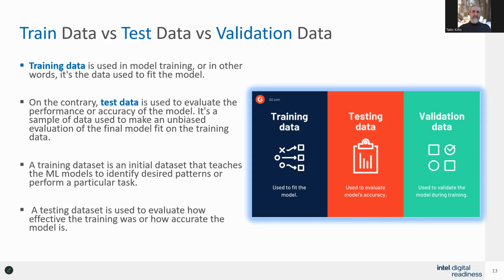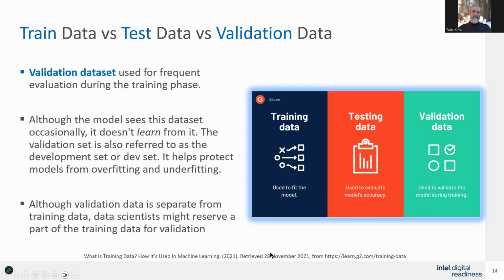The training data set is an initial data set that teaches the machine learning models to identify desired patterns or perform a certain task. And it says here, the testing data set is used to evaluate how effective the training was or how accurate the model is, right? And hopefully it is. And it all hinges on that data.